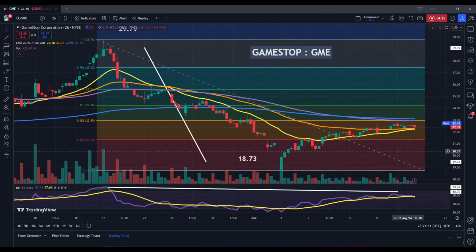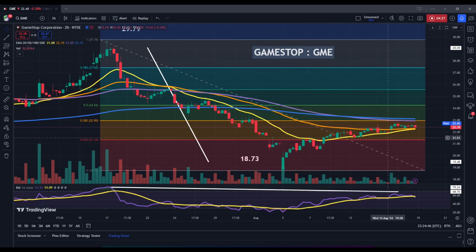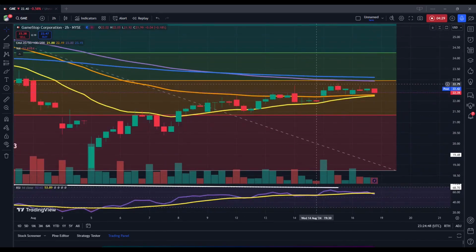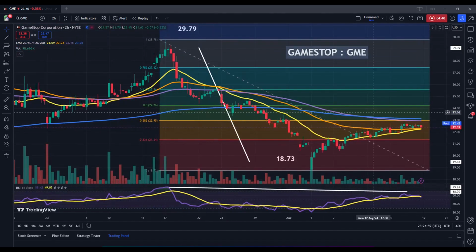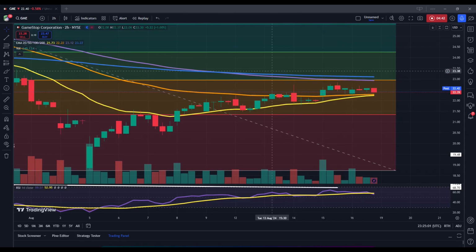If I move out to the 2-hour price chart here and drill in a bit, we can see that the 23 area, just below 23, marks the 38.2% Fibonacci retracement of this dominant trending move. In addition to that, you also have the 100 period and 200 period exponential moving averages coming in line right with this area.